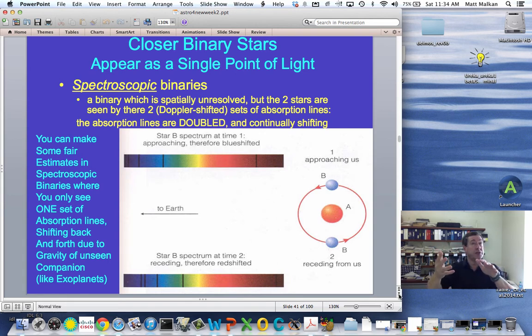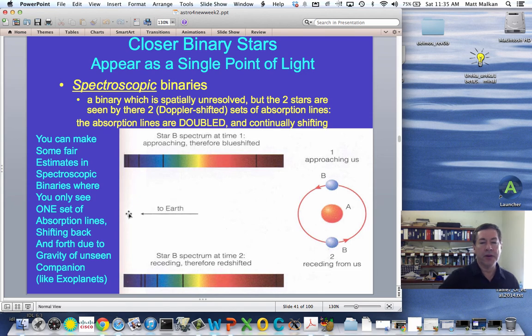If the stars are quite different temperatures, they could have different sets of absorption lines. But here's the point. We can tell them apart because these two sets of absorption lines are not always right on top of each other. And why not? Because they each have a different Doppler shift as seen from Earth. That's the key to this.